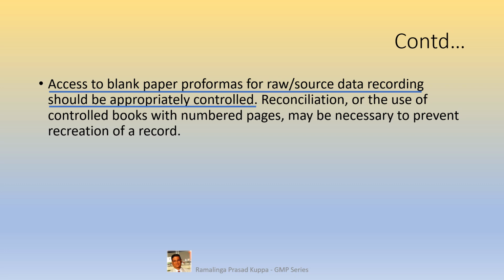So it is a must that the blank formats are controlled and reconciled. This is effectively done by paginating all the formats and issuing a specific number of uniquely serially numbered formats for specific work as per the request by the user.